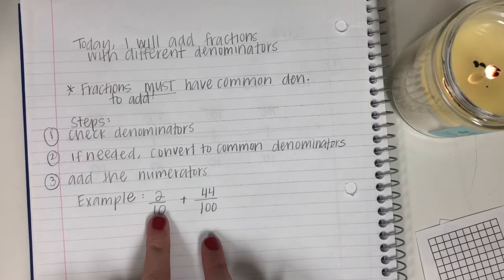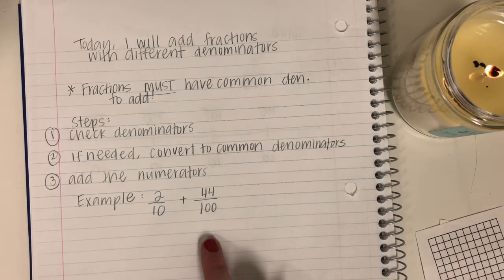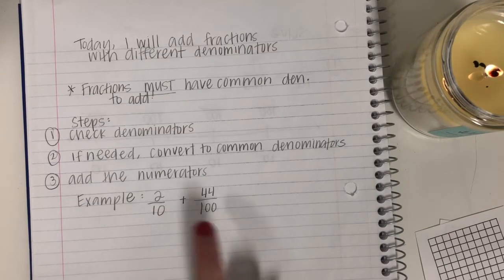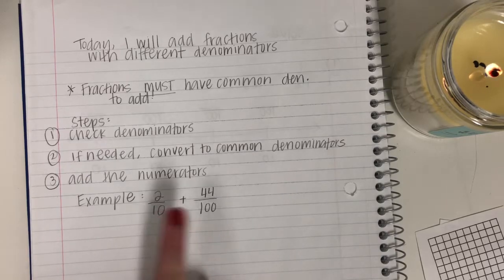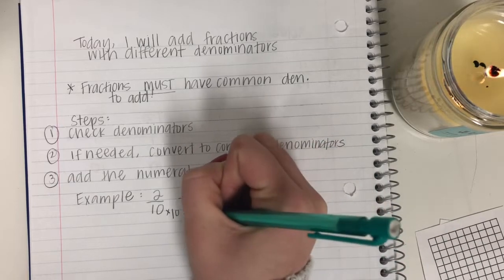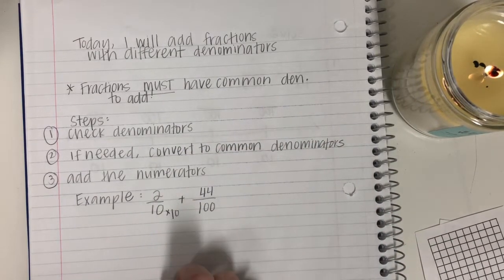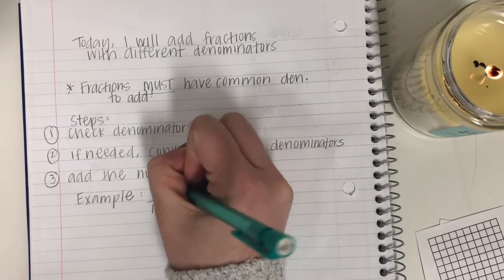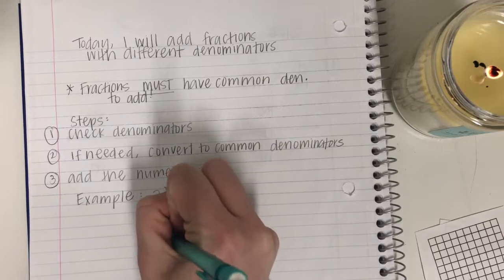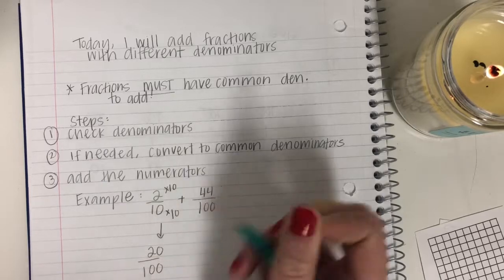So I'm gonna take my 10 and I need to somehow get my 10 to be 100. So I know that in order to make this a common denominator, I have to think, okay, 10 times what is going to give me 100? So I know that 10 times 10 gives me 100. What I do to the bottom, I do exactly to the top. So if I did 10 times 10, I have to multiply my numerator by 10 as well. So now I have 20 over 100.